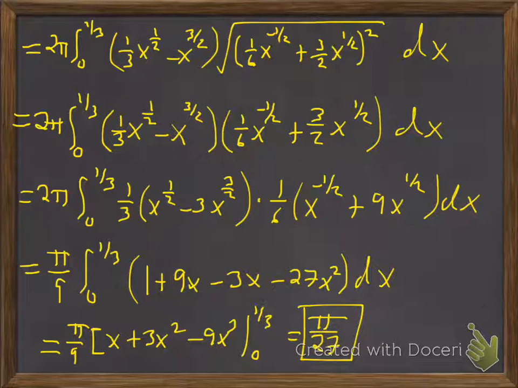So probably the big challenge of this problem is on that first slide where we have to work the integrand to get something that's a perfect square, so we can get it out of the square root so that we can integrate it.